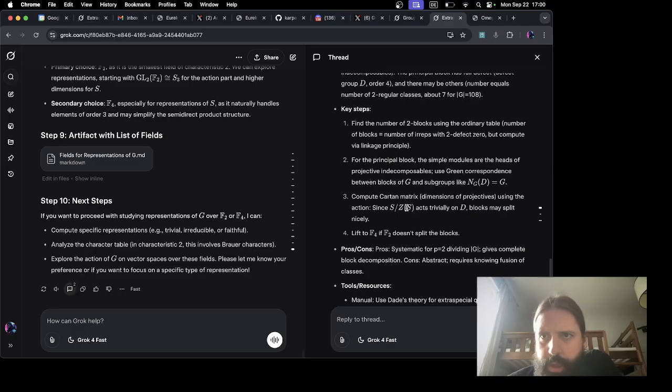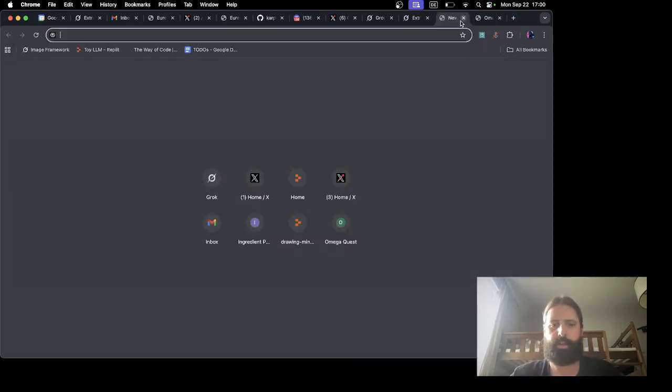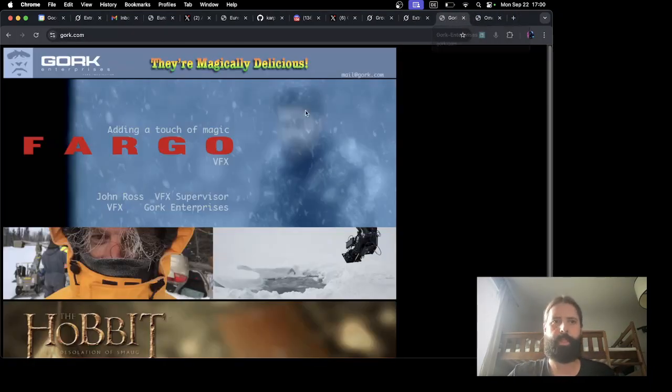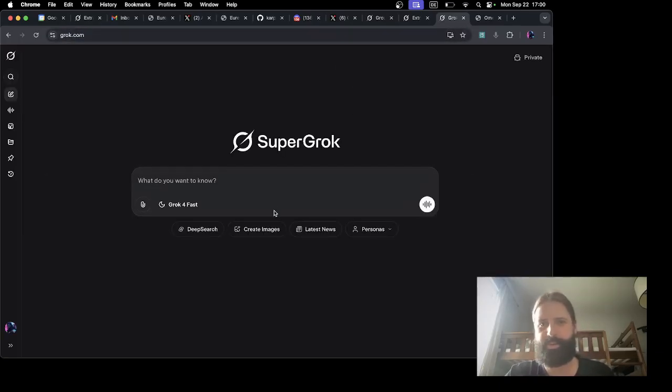Can we do character tables? For these, I'll use a new thread. What's the group theory?